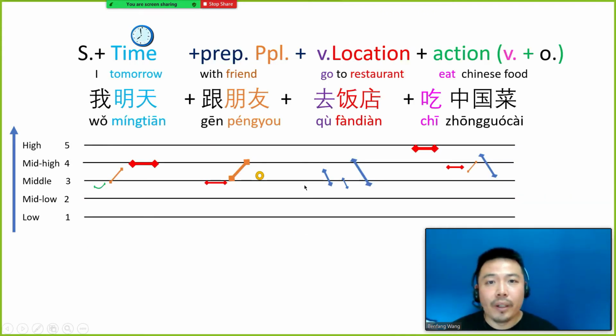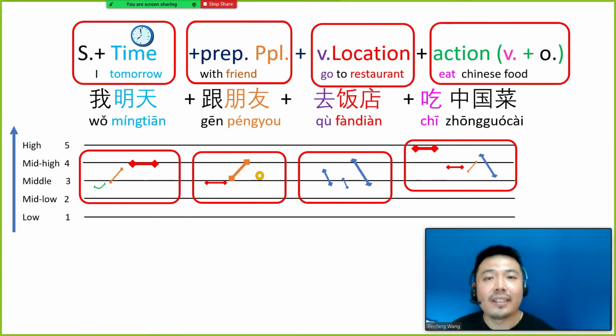我明天跟朋友去饭店吃中国菜。First thing first, we have to chunk the sentence based on the meaning. I tomorrow with friend go to restaurant to eat Chinese food. So we have these 4 chunks based on the meaning.